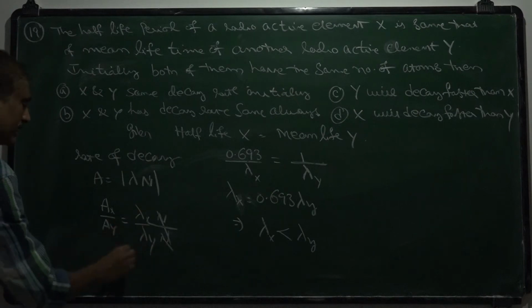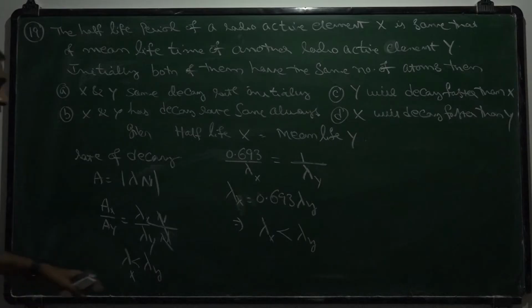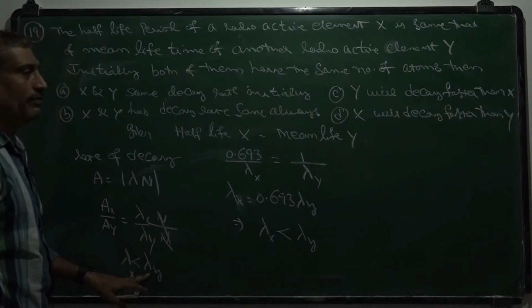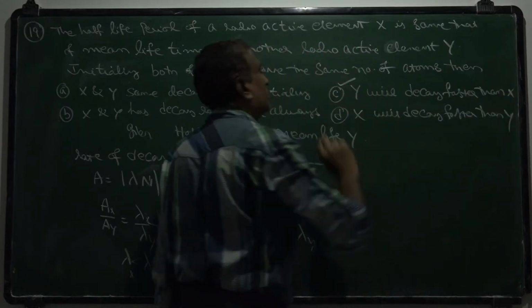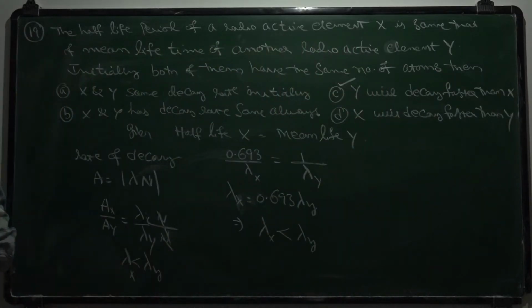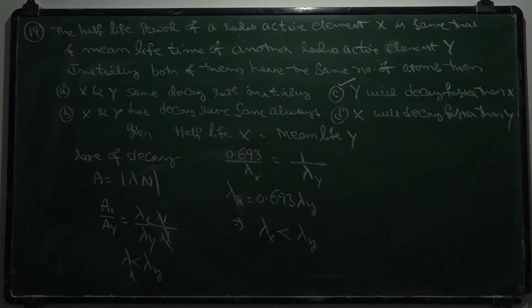As lambda x is less than lambda y, the decay of y is more. So we can take the option: Y will decay faster than X. Now the next one.